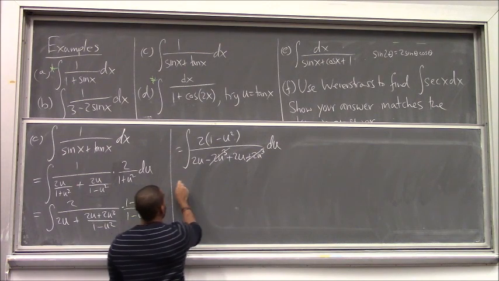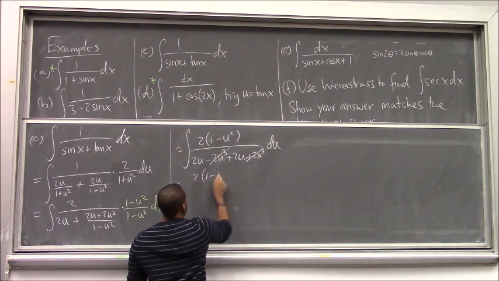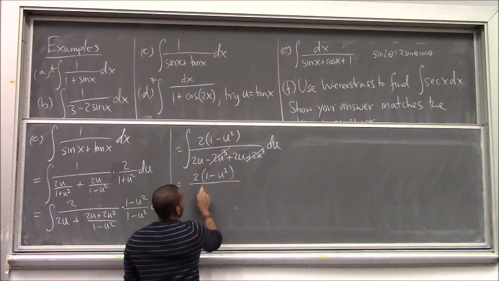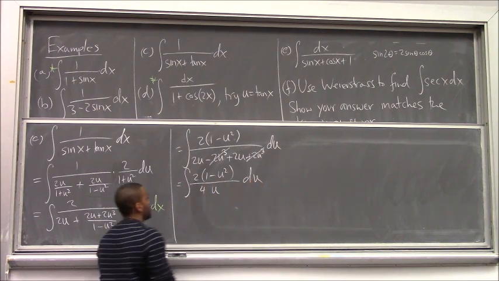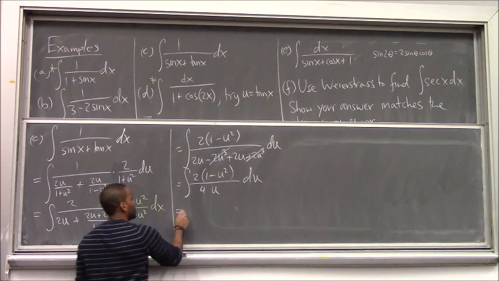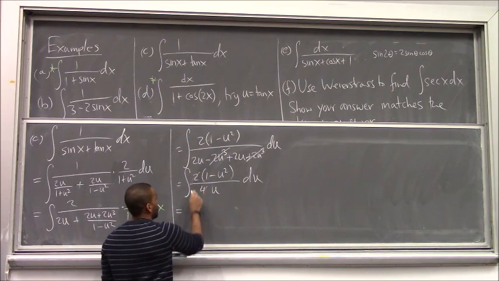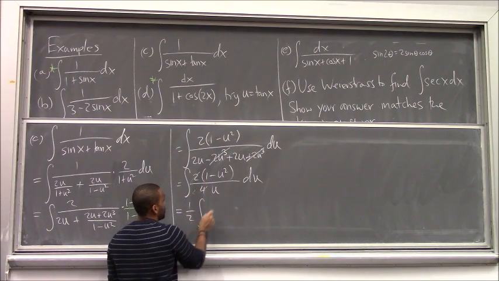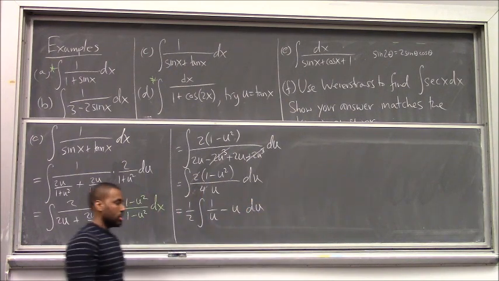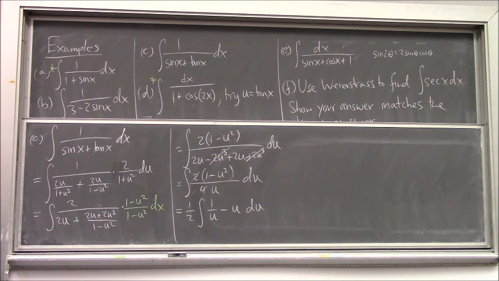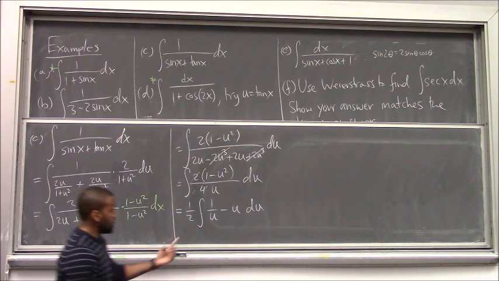And so this just becomes 2 times 1 minus u squared over 4u. So now the 2 cancels into the 4, so this is 1/2 times the integral of 1 over u minus u. So it starts out a little bit ugly, but you can actually simplify it by multiplying and dividing by the LCD. And it actually works out nicely.